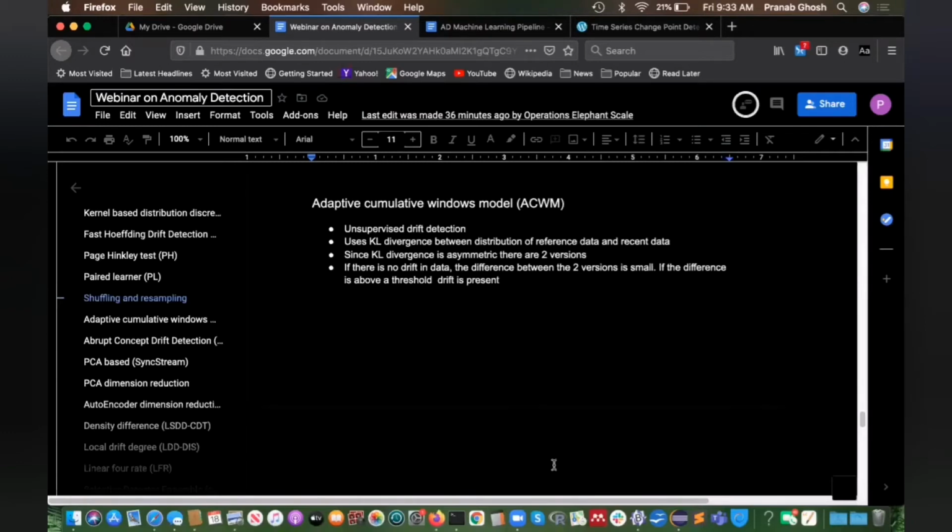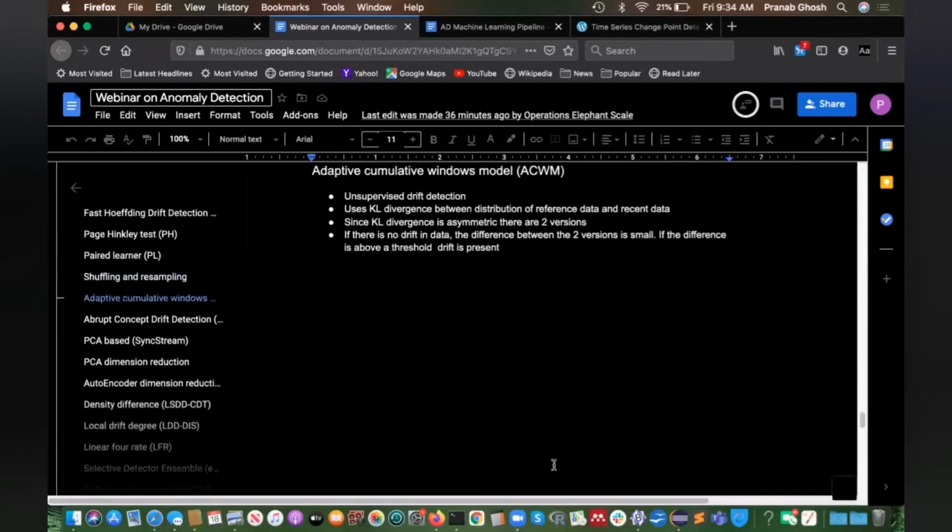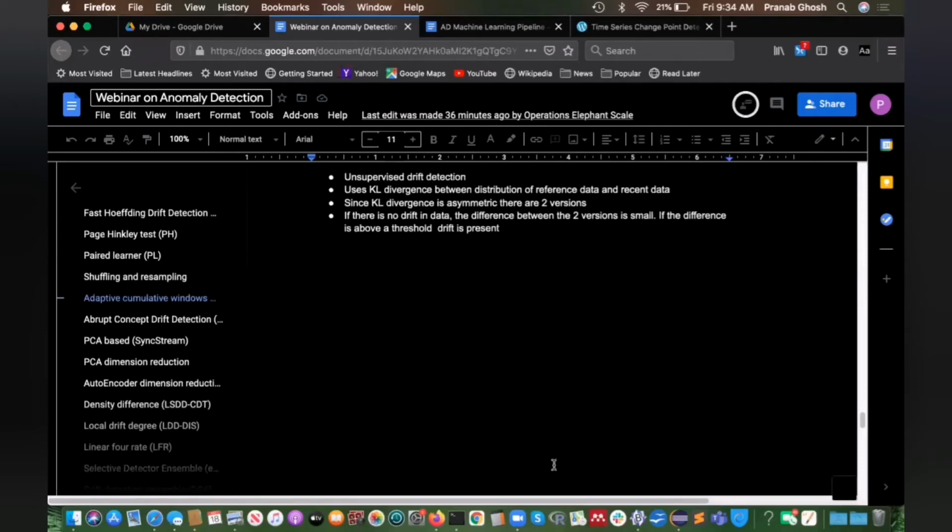When there is no drift, the two values will be more or less the same, with very little difference between the two. But when there is drift, you will find that the two values are significantly different, and that's how you detect drift. So it essentially leverages the asymmetric nature of KL divergence, except that when the data sets come from the same distribution, it's basically symmetric.